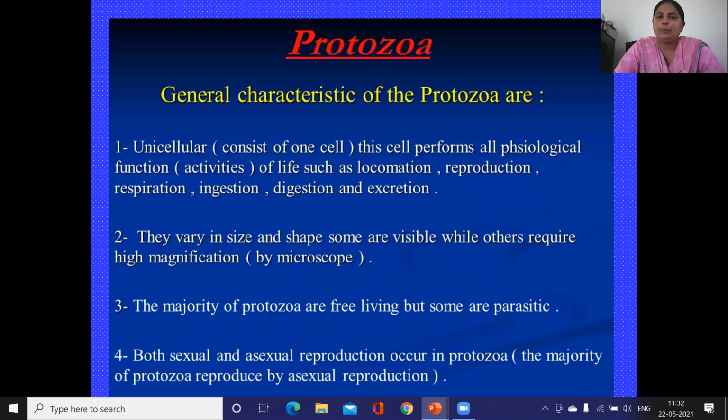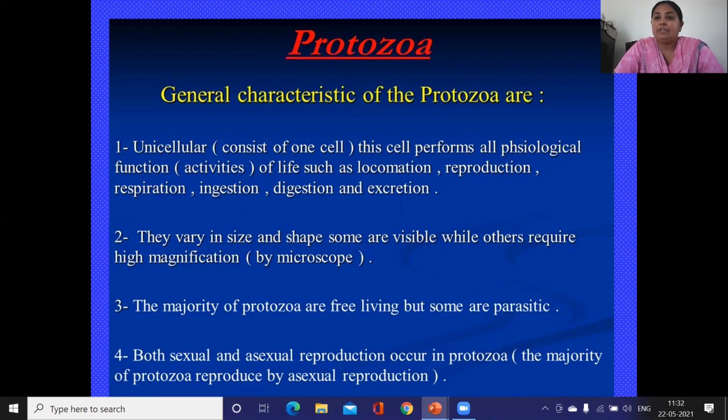Lastly, protozoa. I have already explained to you that protozoa generally consist of one cell, they are unicellular. And this cell performs all the physiological functions like locomotion, reproduction, respiration, ingestion, digestion, excretion, etc. These protozoans also vary in their size as well as shape, while some require higher magnification.